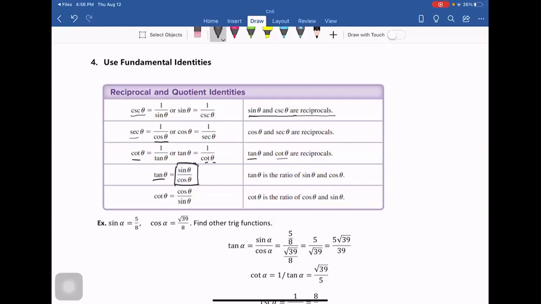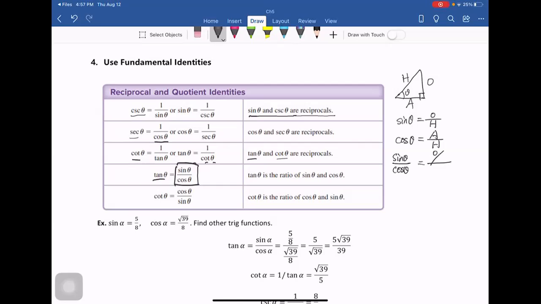So some student asked me why. So let me draw a right triangle. The longest side is the hypotenuse. I use H to represent it. And this is the theta. Opposite, we use O. Adjacent, we use A to represent. And sine theta equals opposite over hypotenuse. Cosine theta equals adjacent over hypotenuse. And how about sine theta over cosine theta?